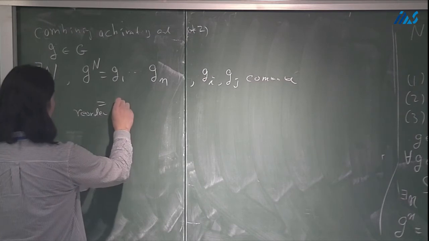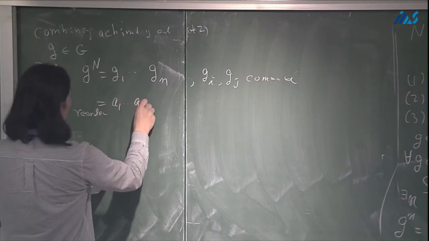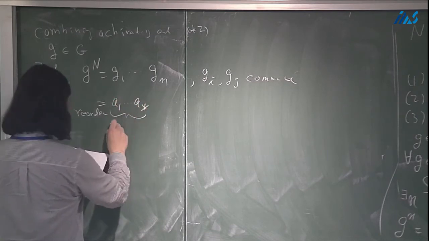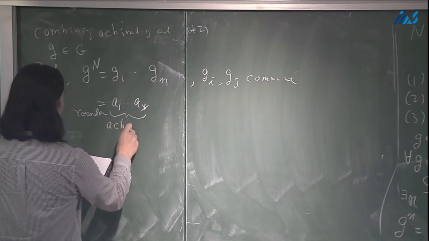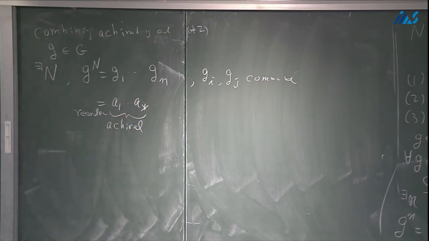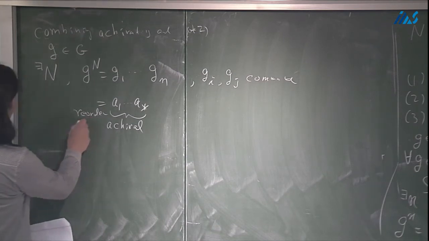So maybe I just write it A. I don't know how many you have. So this is achiral elements among those. And then the rest, chiral elements, I'm doing grouping up to conjugacy classes. So reorder and grouping.